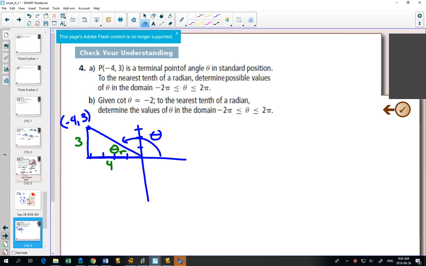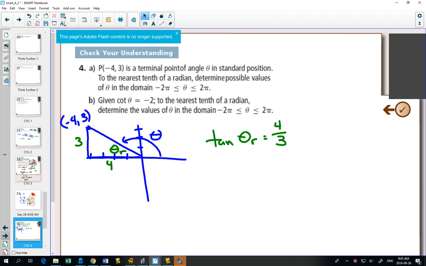So if I wanted to calculate my reference angle, Katoa, would I use sine, cos, or tan? Tan. So I can write tan of my reference angle is 4 over 3.